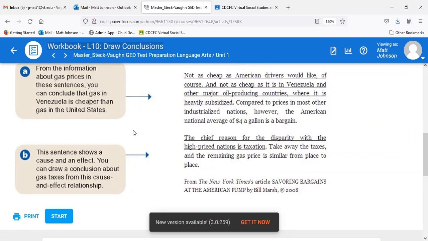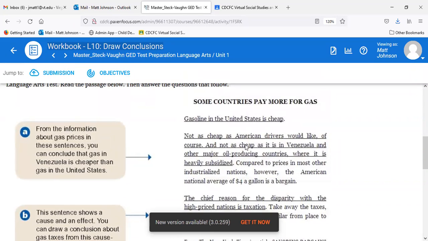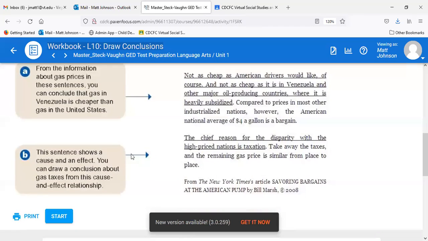So our underlying part here is saying, from the information about gas prices in these sentences, you can conclude that gas in Venezuela is cheaper than gas in the United States, right? That's not a big leap, because it basically says not as cheap as American drivers would like, and not as cheap as it is in Venezuela. And then second, for our underlying passage down here, it says the sentence shows a cause and effect.